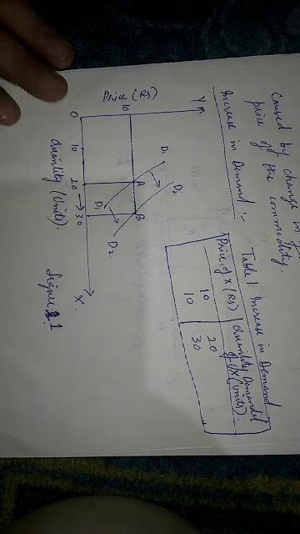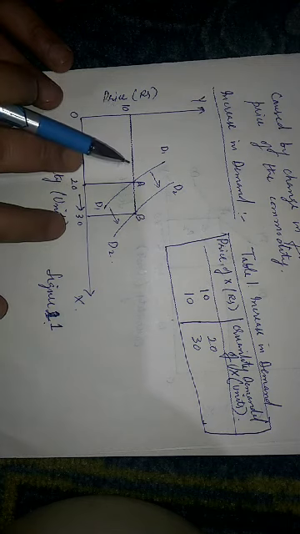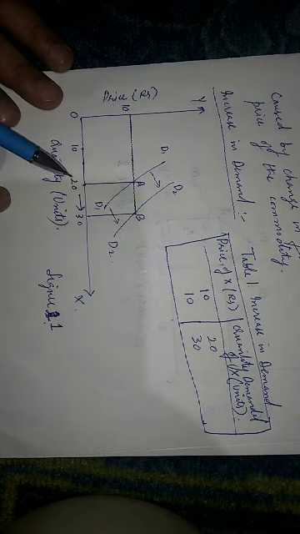You can also see in this figure, in this diagram, that when the price is rupees 10, the existing demand is 20 units of a commodity, and it's shown with the demand curve D1 D1.